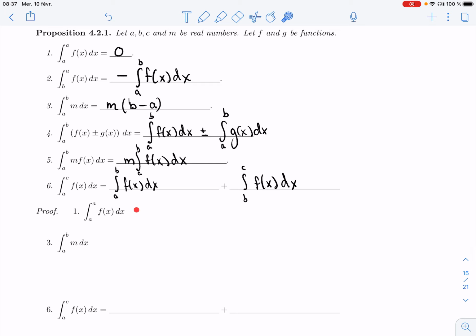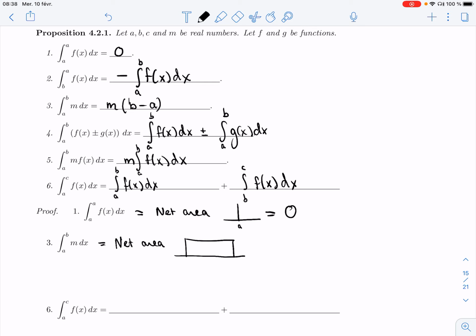All right, so let's look at the integral from a to a. That's going to be the net area of the region. I'm going to go from a to a. All right, so it's the net area of a stick. There's no thickness to it, so it's going to give you 0. All right, then this is the net area of, I'm going to write it as if m was positive.